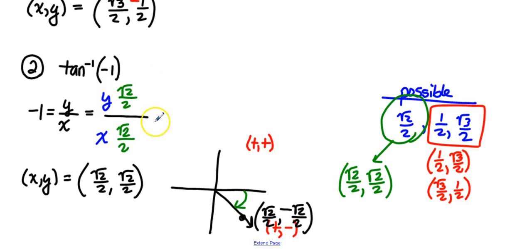So I'm going to make it a little smaller. Okay, so we've established that the y value is negative. So, inverse tangent of -1, we now need the angle measure that gets me this ordered pair, and that would be negative pi divided by 4.